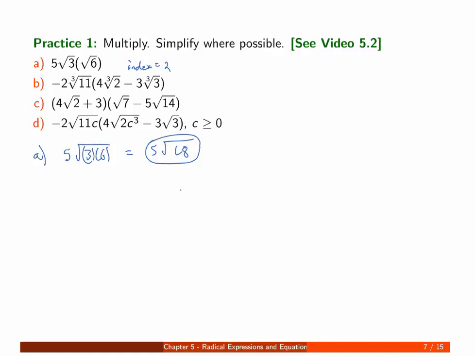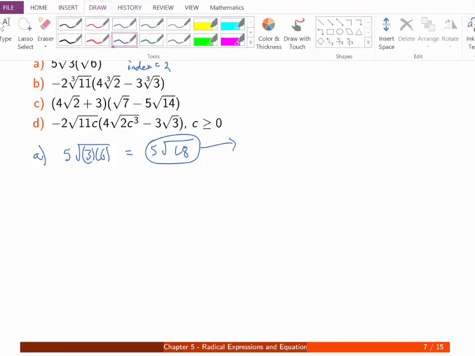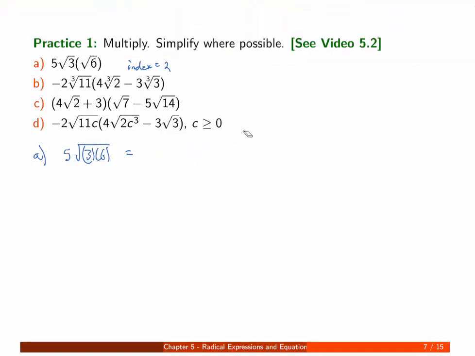But this is certainly able to be simplified. So we get 5 times root 18. That's the multiplication step.